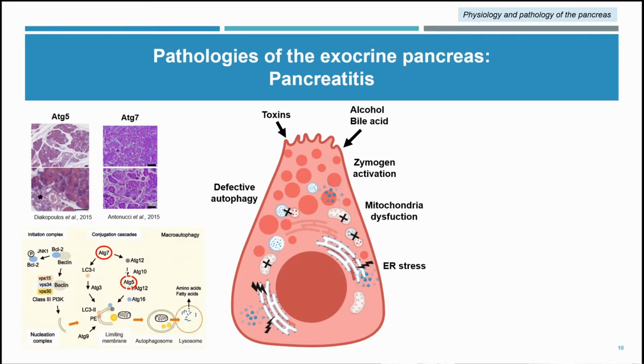Studies that have used knockouts of different proteins involved in the autophagy pathway have resulted in chronic pancreatitis, highlighting the importance of this pathway in maintaining acinar cell functions. If acinar cells undergo any of these problems, there is an activation of the inflammatory cells. As I mentioned, if this inflammation is not resolved, we would end up with chronic pancreatitis.